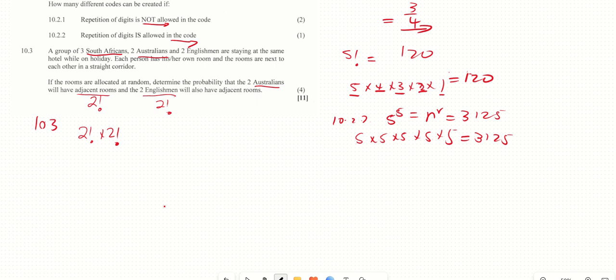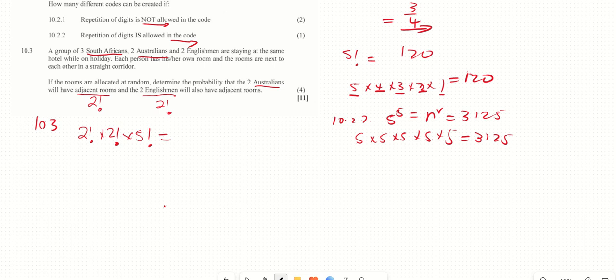But now these have to be arranged again with the others. So how many arrangements are here in total? There are these 2 arrangements, and now we have another 3 South Africans. That makes them 5 arrangements.